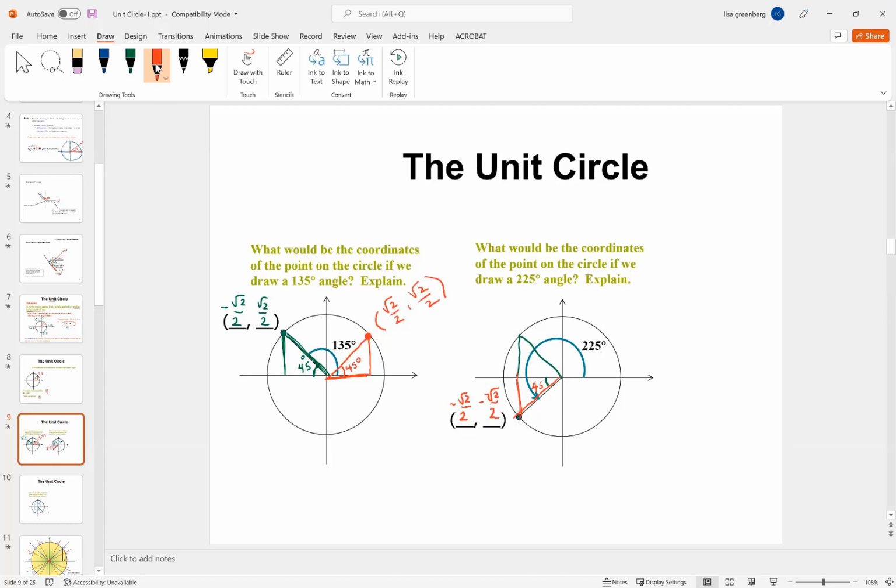Once I know the values in my first quadrant, it makes it a lot easier to find the values in every quadrant because the triangles are the same. I can now take that same triangle and flip it over here into quadrant 4. So if I put it in this quadrant, I'm still saying that's 45 degrees. And this point here, well, now the x value is positive and the y value is negative.